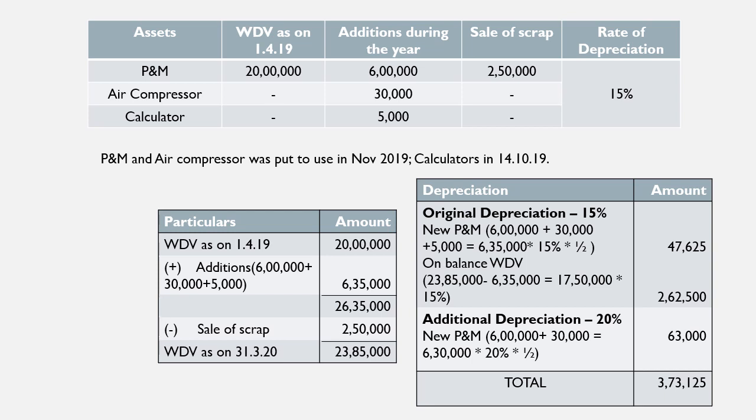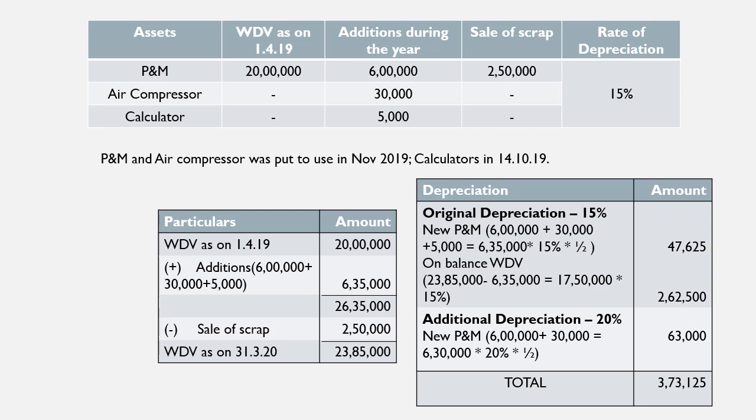And so here this plant and machinery, that is 6 lakhs and 30,000, two assets are purchased after 1/4/2005, and these two may be used in the manufacture or production of the articles, and so additional depreciation will apply to these two assets only, not on the calculator, because calculator cannot be used in the manufacture or production of any article.